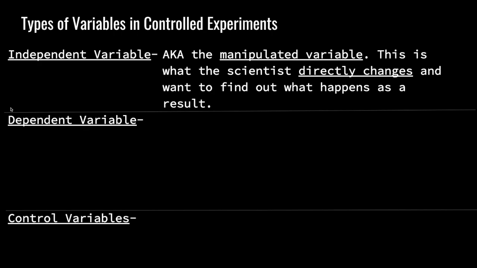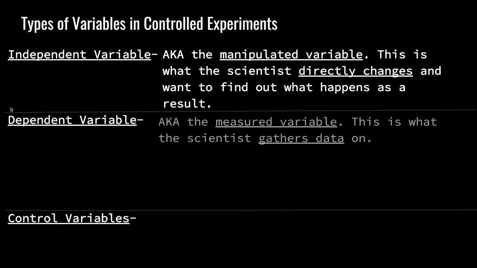This is what the scientist directly changes and wants to find out what happens as a result. The dependent variable is the measured variable. This is what the scientist gathers data on. How many dogs got sick? How many dogs stayed healthy? That's our measured variable, the number of dogs that got sick.